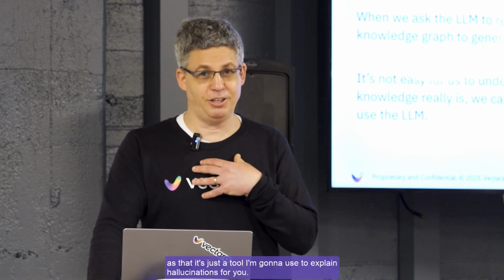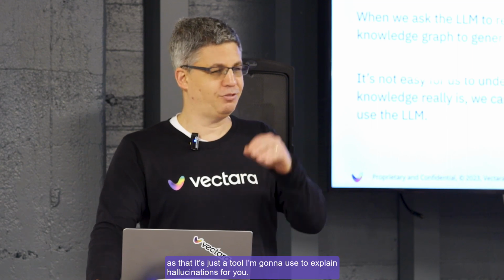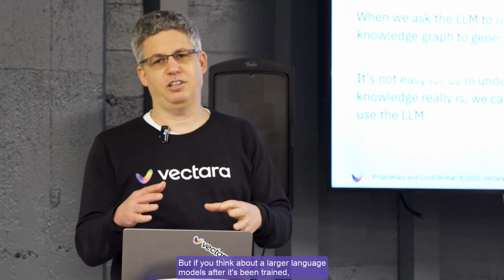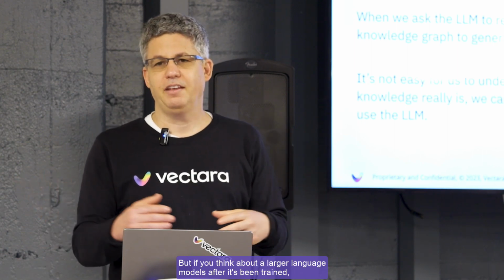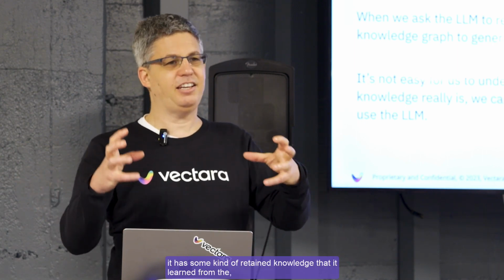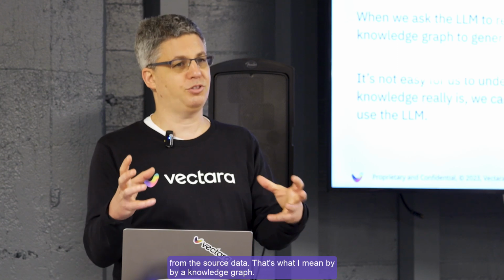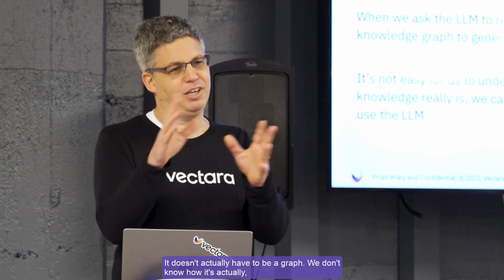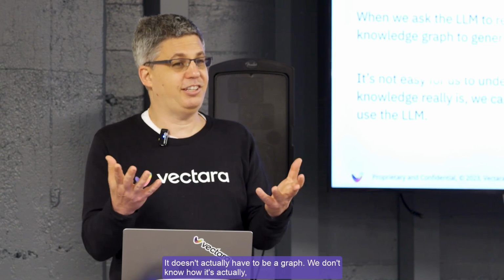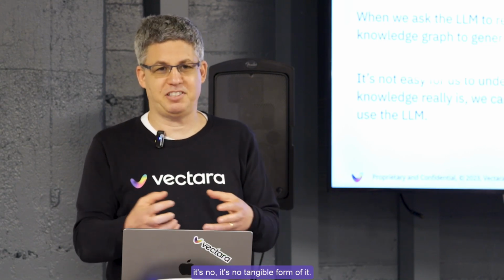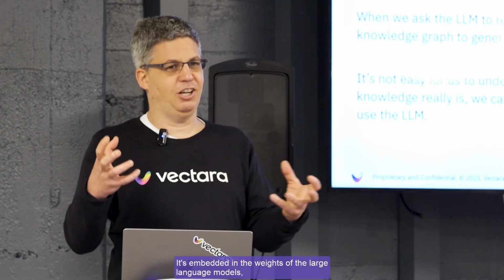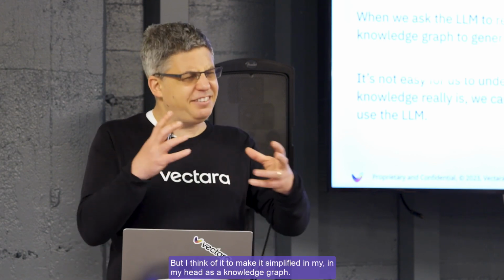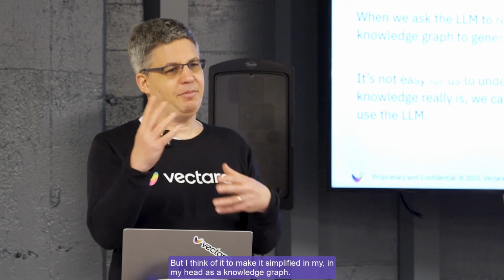It's just a tool I'm going to use to explain hallucinations for you. If you think about a large language model, after it's been trained, it has some kind of retained knowledge that it learned from the source data. That's what I mean by a knowledge graph. It doesn't actually have to be a graph. We don't know how it's actually stored, there's no tangible form of it. It's embedded in the weights of the large language model, the billions of weights that are there. But to simplify it in my head, I think of it as a knowledge graph.